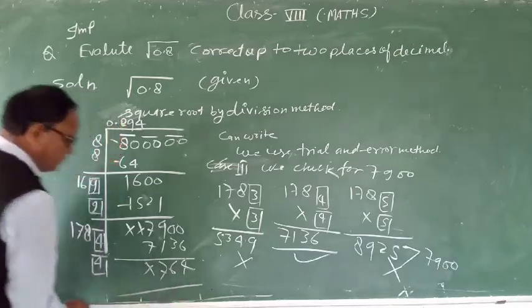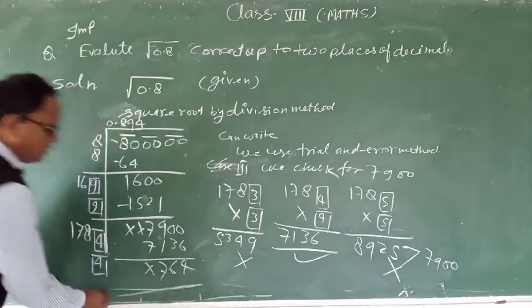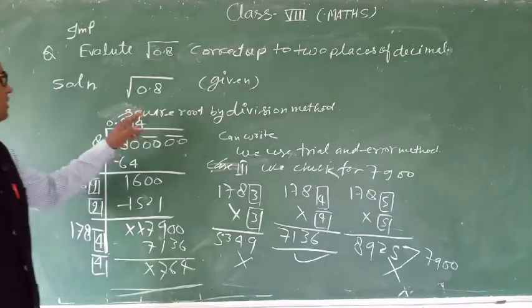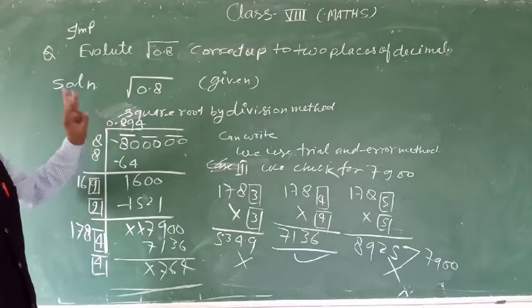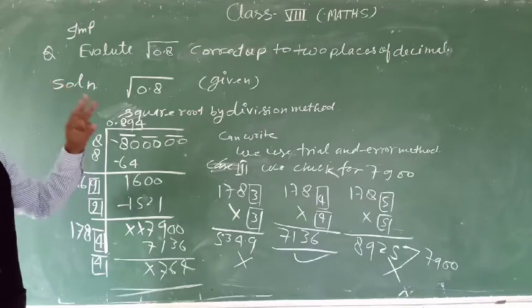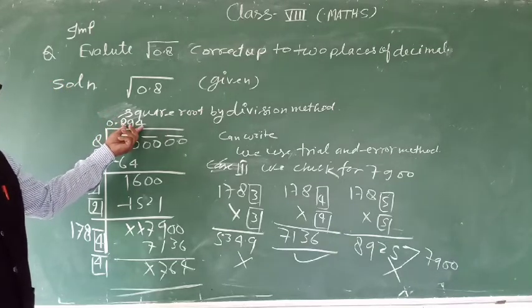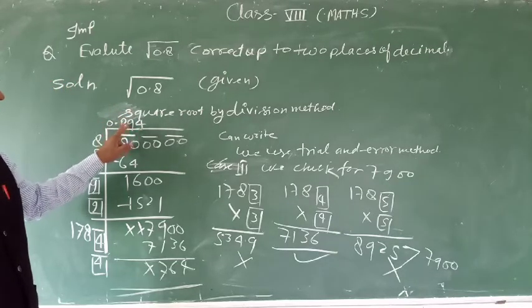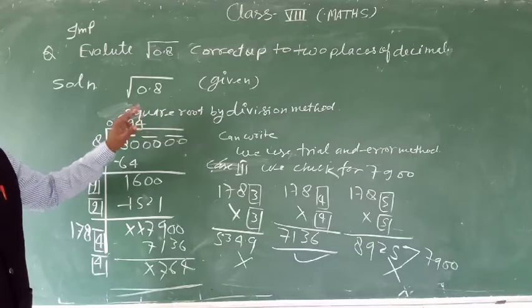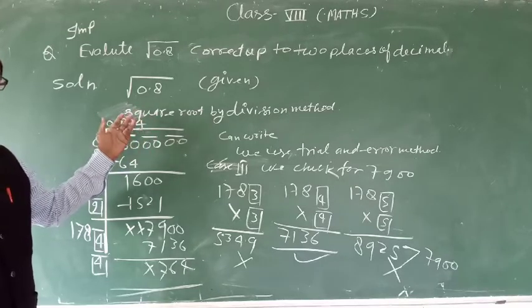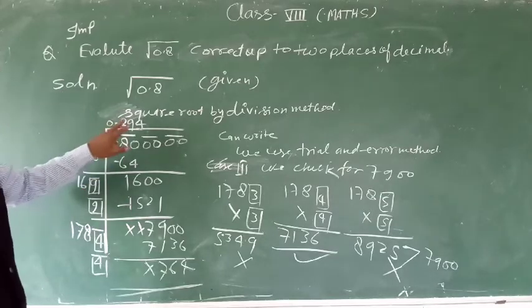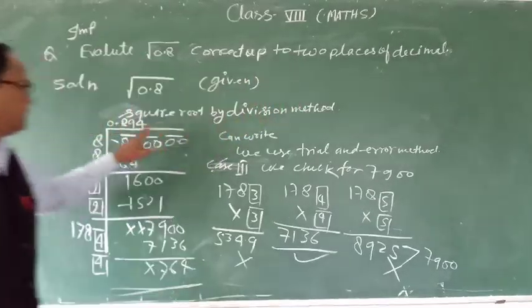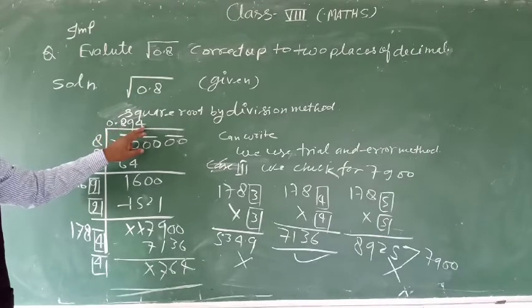Cancel. So we determine the value after decimal 3 digits. If it asks 2 digits, then we determine 3 digits. If it asks 3 digits, then we determine 4 digits after decimal. Here it asks only 2 digits, so we determine here 0.894, 3 digits.